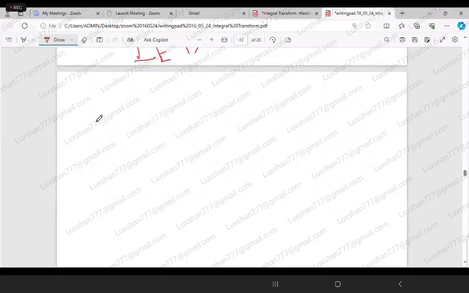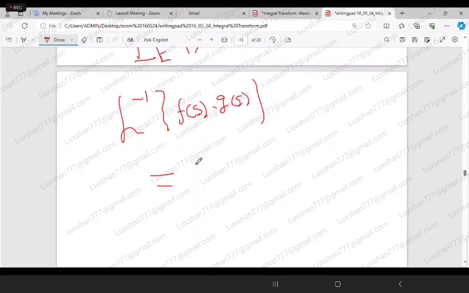So can you tell me the convolution theorem? What does it say for the Laplace transform? Say for example, the inverse Laplace transform of F(s) into G(s) equals the integral from 0 to t of F(u) G(t minus u) du.